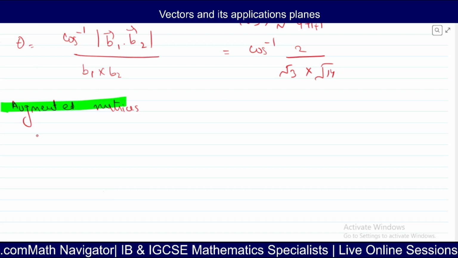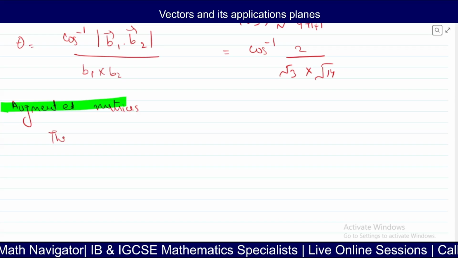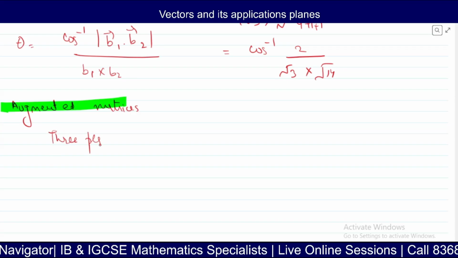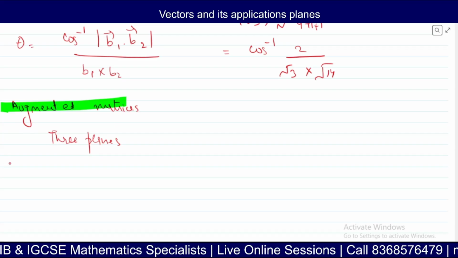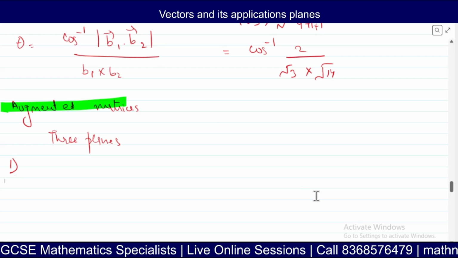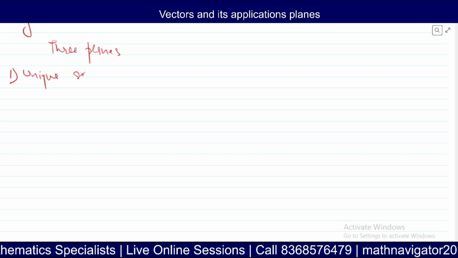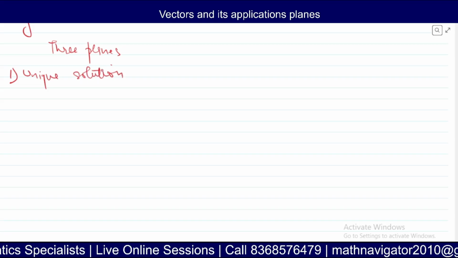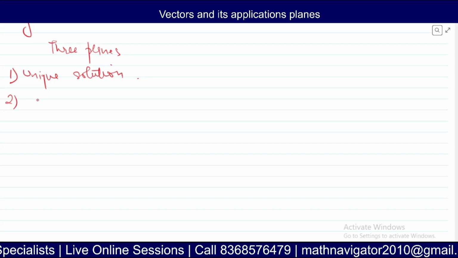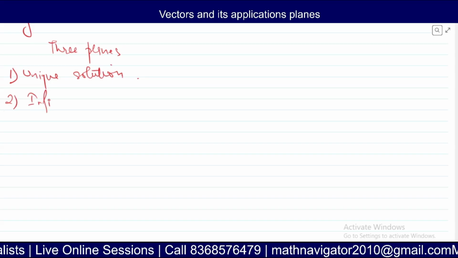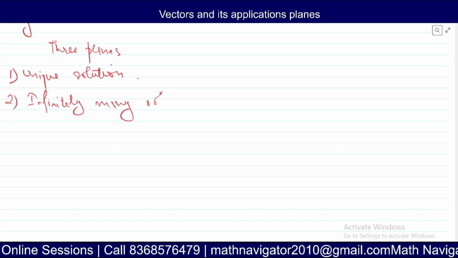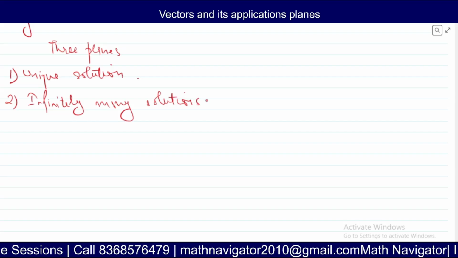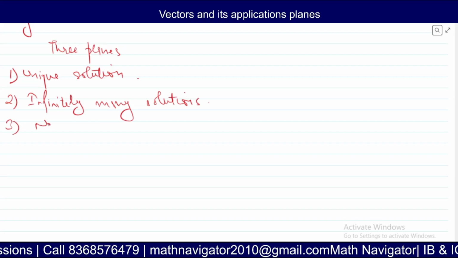So basically, let's say we have 3 planes. Obviously, these 3 planes will have 3 different equations, that means 3 simultaneous equations. I can have 3 possibilities. If I have a unique solution, I can have infinitely many solutions, or I can have no solution.